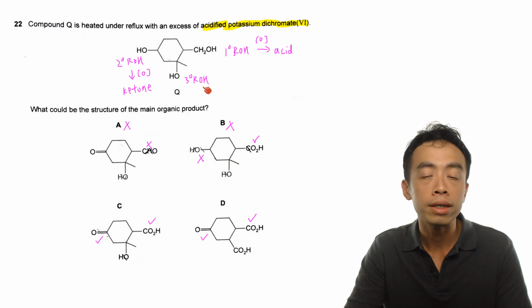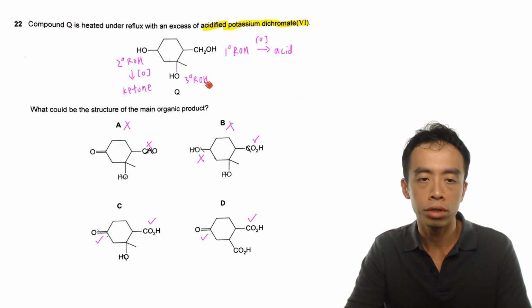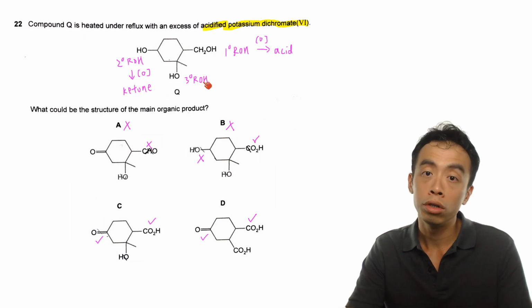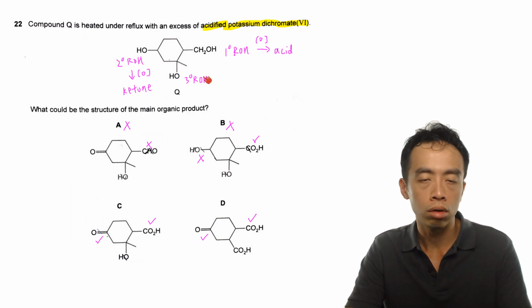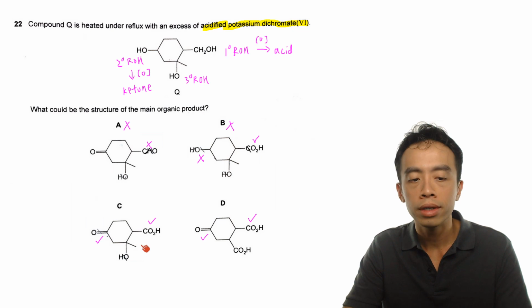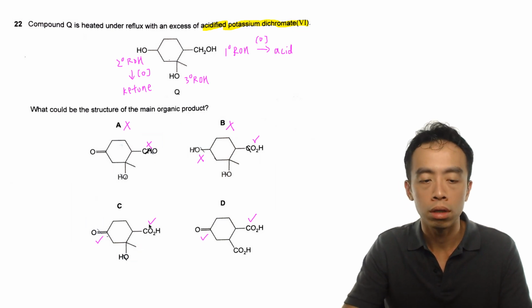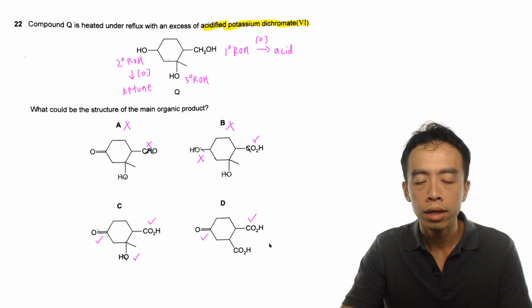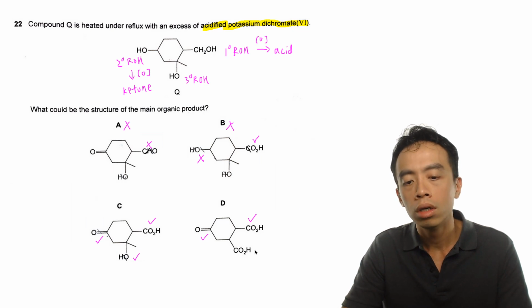Now how about the last one, the tertiary alcohol? Remember, tertiary alcohol is resistant to oxidation, so it shouldn't be changed, right? It will just stay as a tertiary alcohol. So if I run through the options, C is reasonable. The tertiary alcohol is still there. Now D is wrong because it is not possible to oxidize the tertiary alcohol to an acid group.